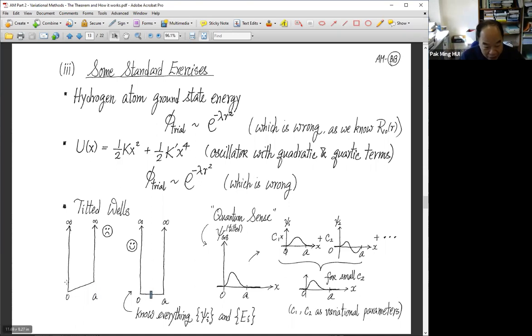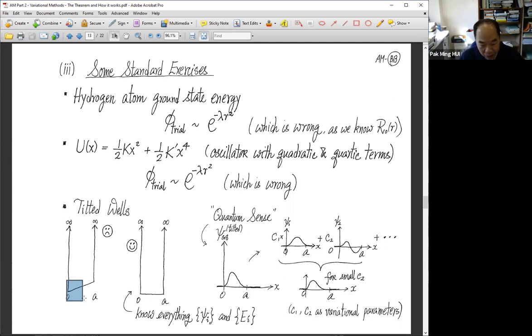Now, given that this side has a lower potential energy, and ground state means the lowest possible energy eigenstate, the wave function should make use of the lower side of the potential energy well more than the higher side, so as to get a lower expectation value of the energy, the Hamiltonian, in the ground state.